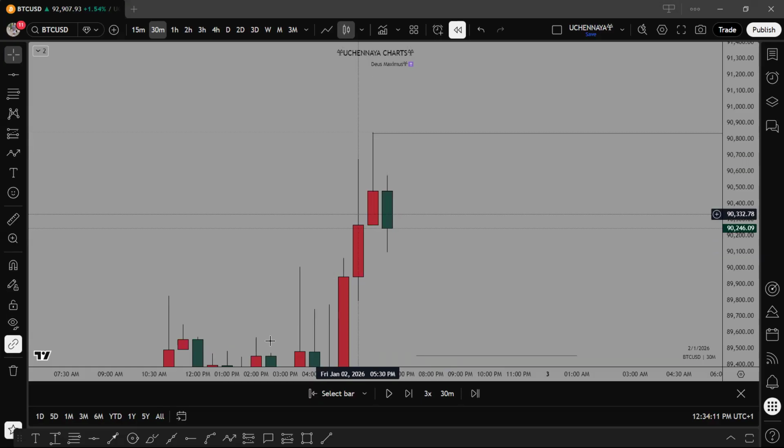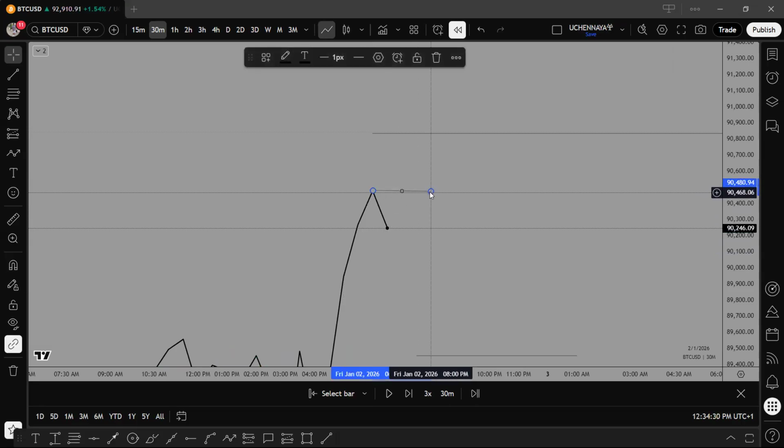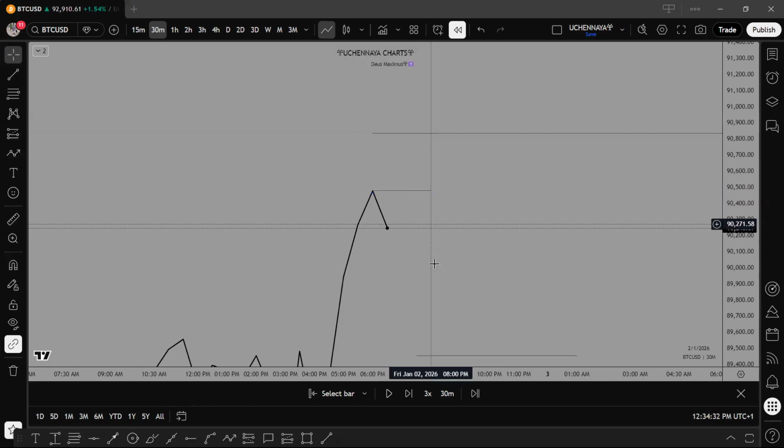This is your line chart, and this is where you mark on your line chart, on your candlestick chart. Now, when you go to your line chart, this is what it looks like, right?